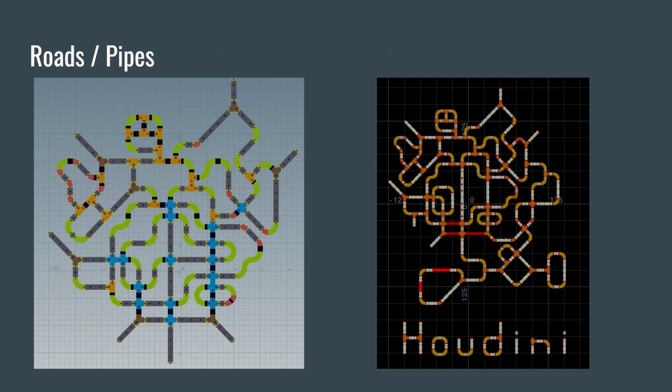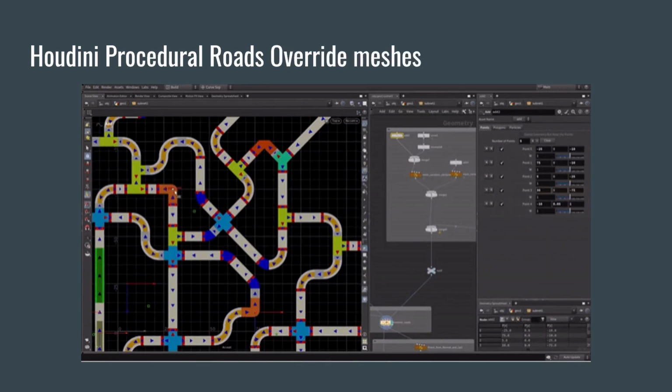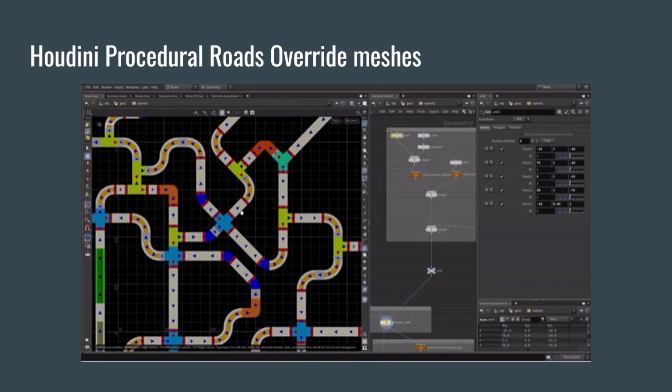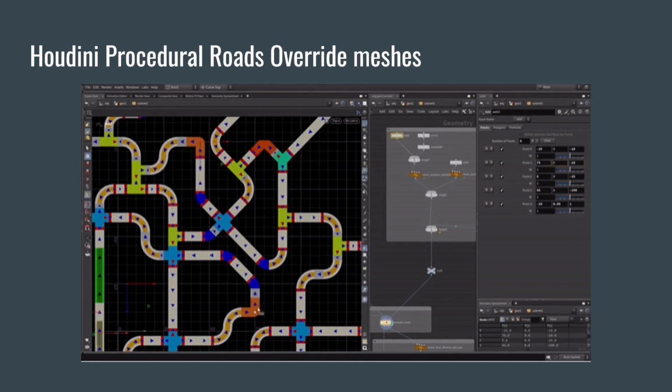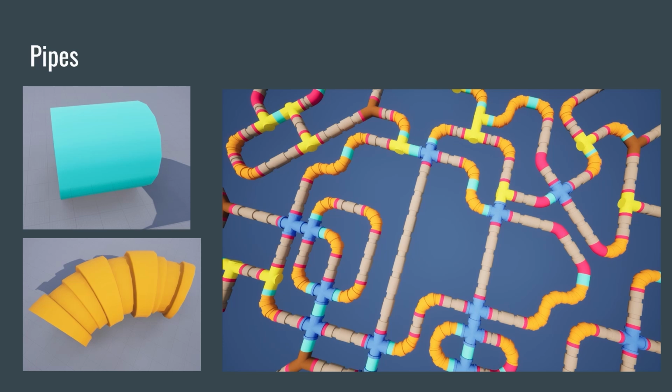Here is a roads example. You can draw them with a curve node in Houdini. And easily swap the data asset to switch between roads and pipes.